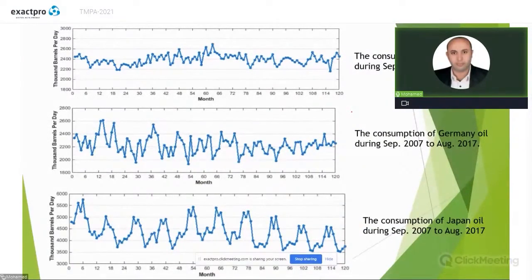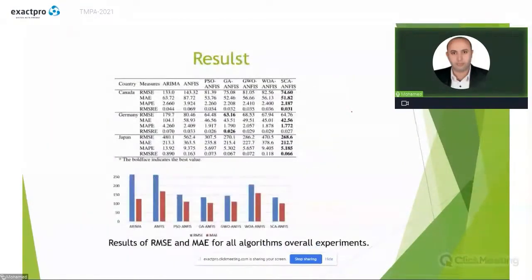We apply the proposed model to 3 different countries. The first is Canada, the second is Germany, and the third is Japan. We also divided our dataset into training and testing sets, and we validated the proposed algorithm using different measures such as root mean square error, MAE, and MAPE.